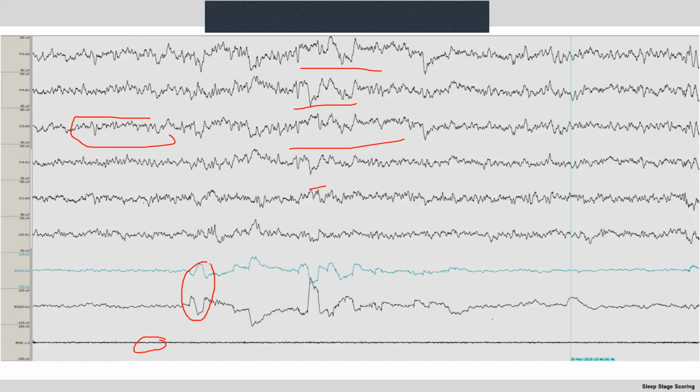I told you already, 500 millisecond initial deflection. But this is something else. K complex is coming along with this? No, this is actually the rapid eye movement potential, activity so high that it is picked up by the frontal electrodes.